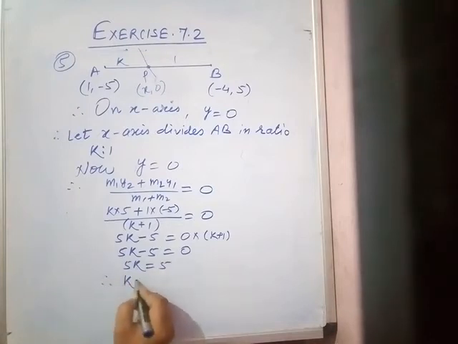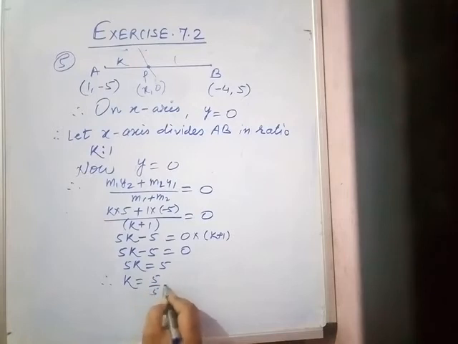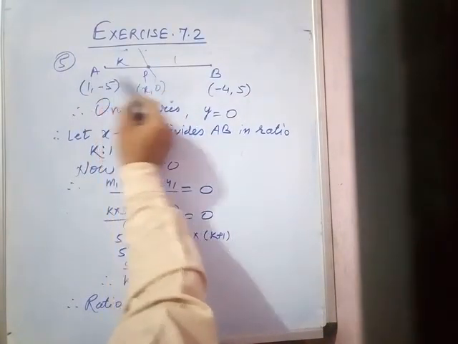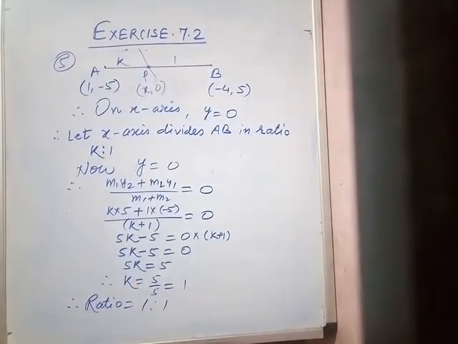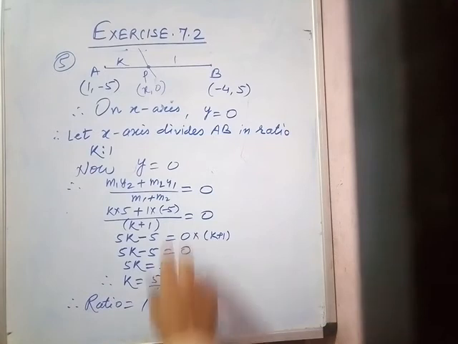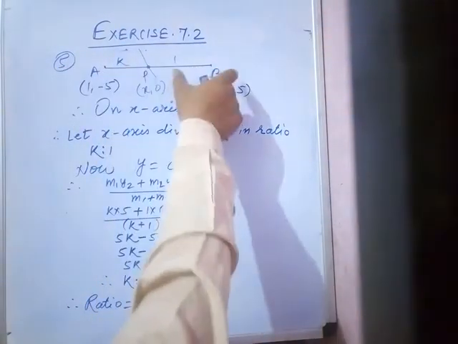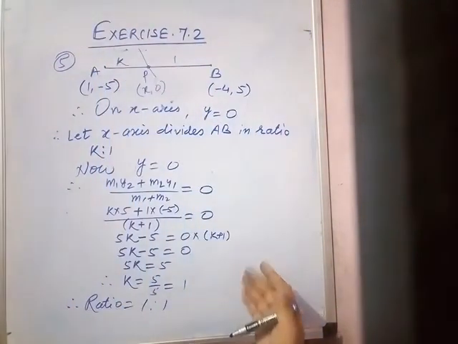Therefore k equal to 5 divided by 5, that is 1. So the ratio is 1:1. It means point P is the midpoint of AB. 1:1 means P is the midpoint. So the x-axis divides AB at the middle.